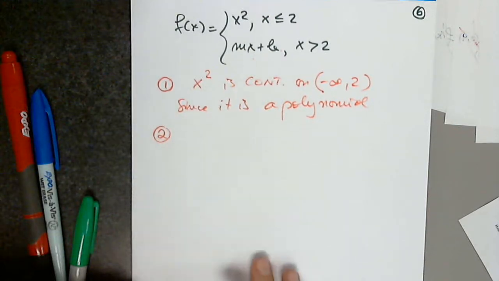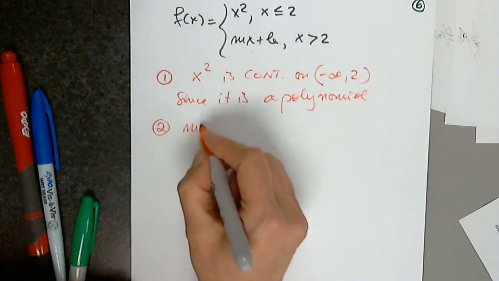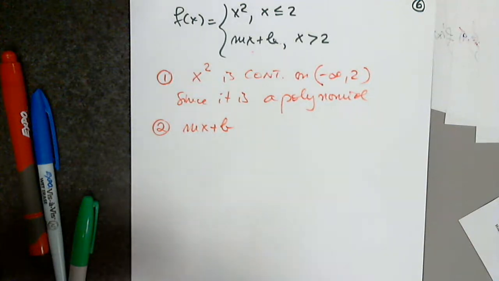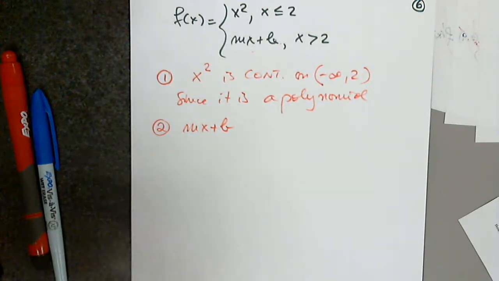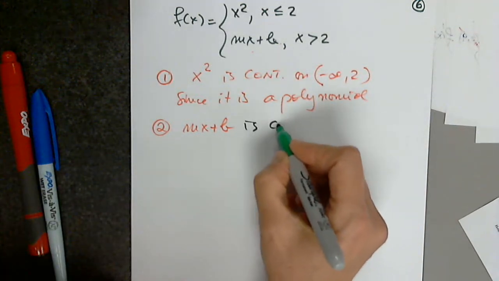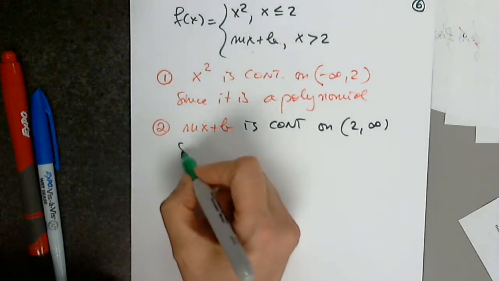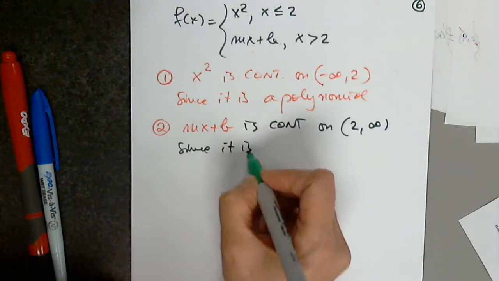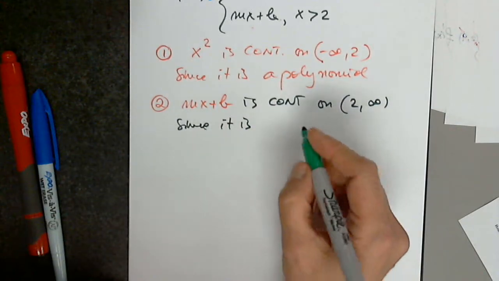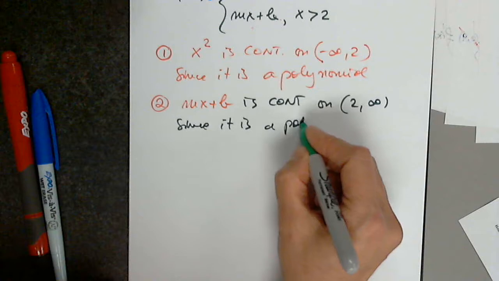Step number 2, I have to write that mx plus b is continuous on 2 to infinity since it is a polynomial function.